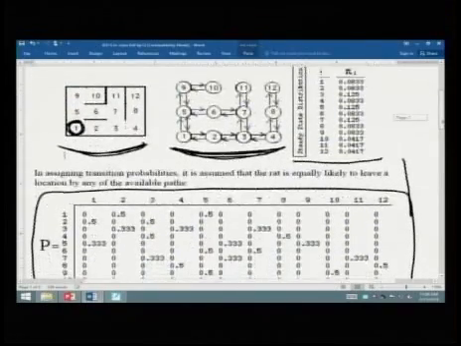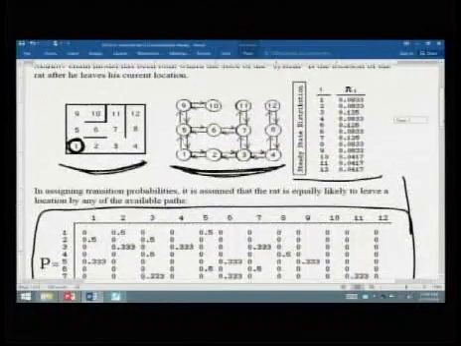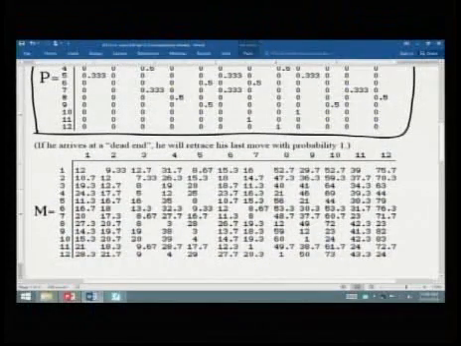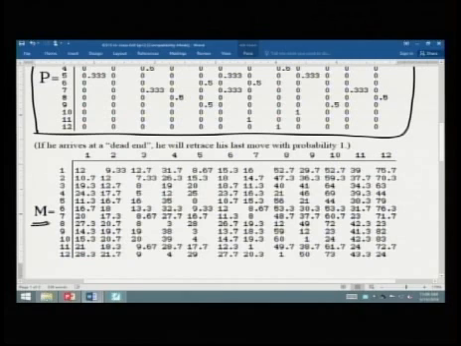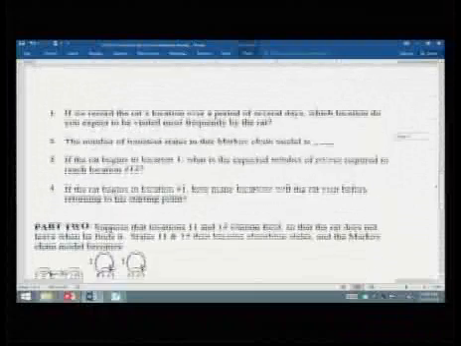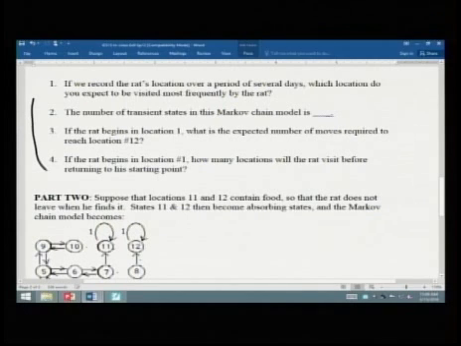Okay? And then also we can get the M matrix, the mean first passage time matrix, okay, that we talked about earlier. So using all of this information, we want to answer these first 4 questions, okay? And then we're going to move on to part 2.